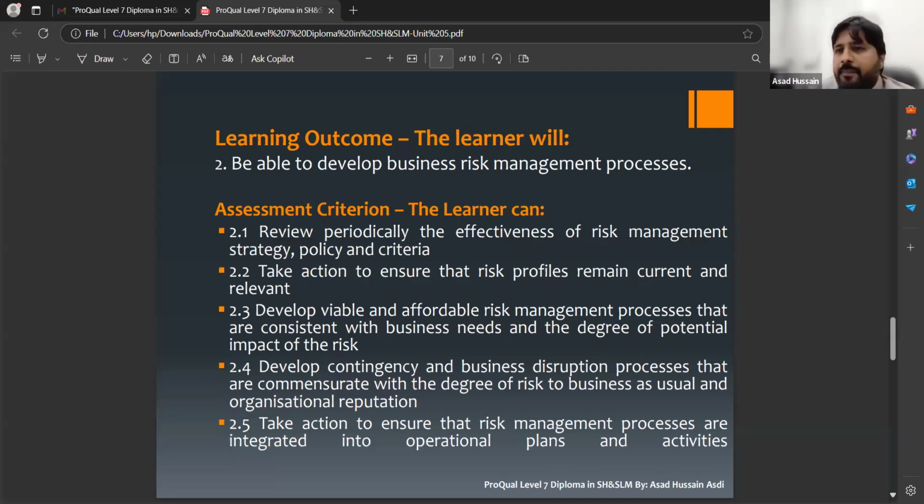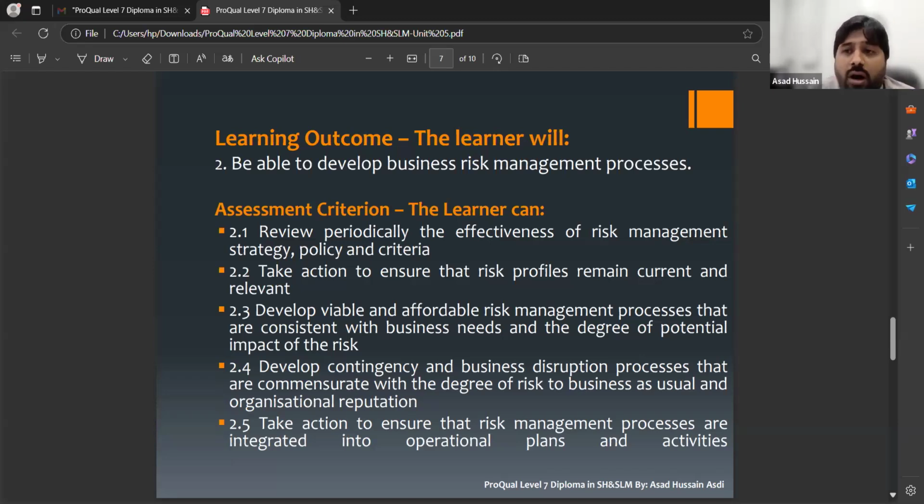So here, top management, and a candidate being a part of top management, has to ensure that risk management processes are integrated into operational plans and activity.